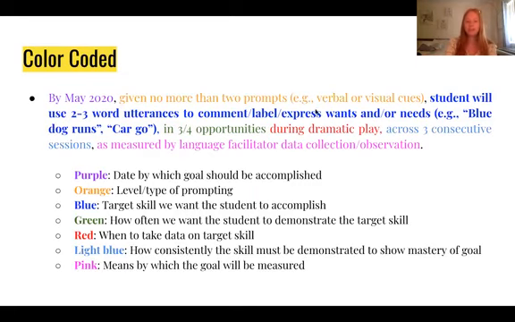This red part is when to take data on it. So here it says during dramatic play. You'll see that a lot in Rosa Parks. You'll see like during breakfast time or during dramatic play, during like small group reading or whatever. You might see this a little bit less often in the clinic setting, but I have seen this a lot in the school setting.